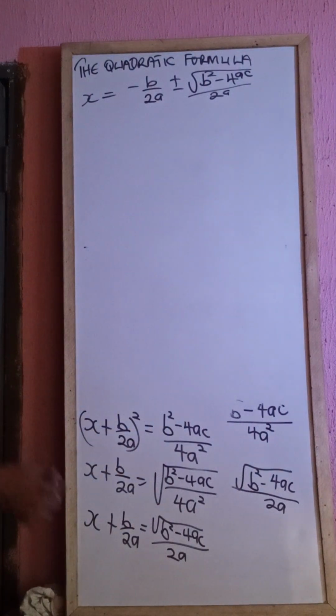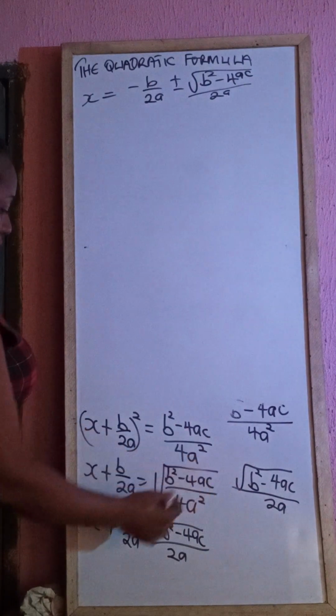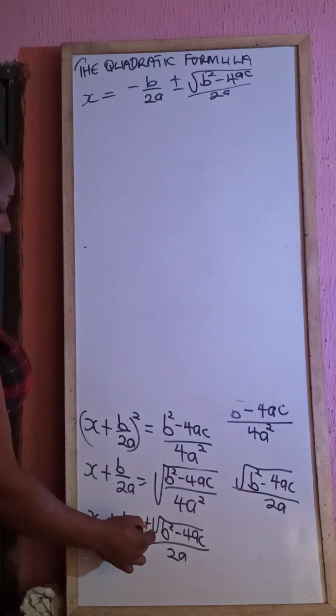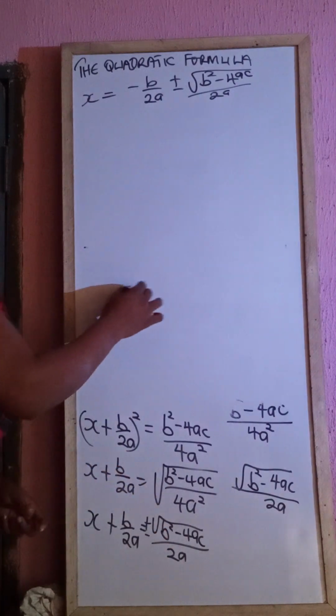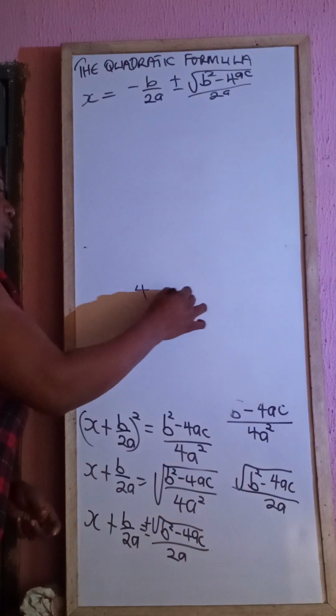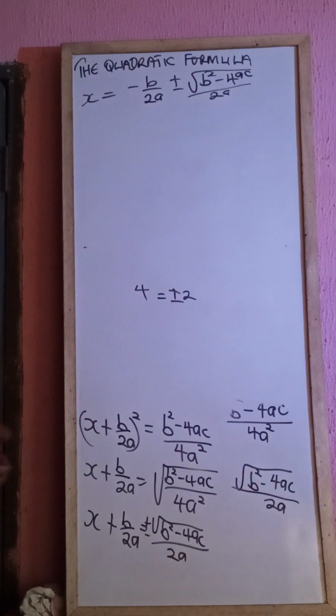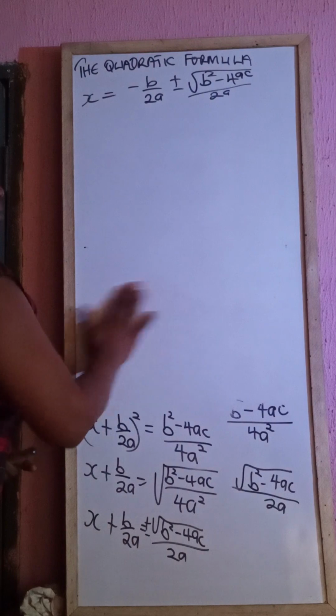Of course, the plus or minus comes from here. From this point we have plus or minus, because the square root of 4 is plus or minus 2, in the sense that 2 squared is 4 and minus 2 squared is also 4.